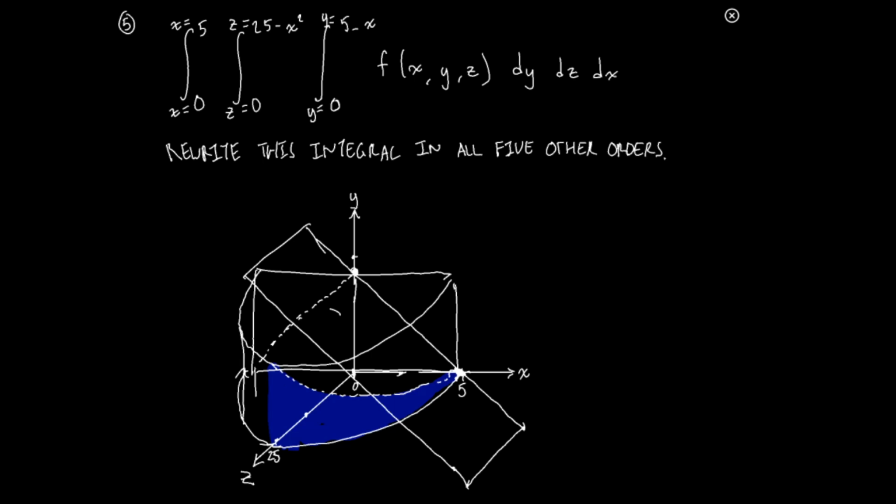Then we have another bisection created by the yz plane and this parabola here, because that was another one of the limits that we had. And of course we have this intersection over here, which we've already drawn. You can kind of see the solid starting to come together, right?